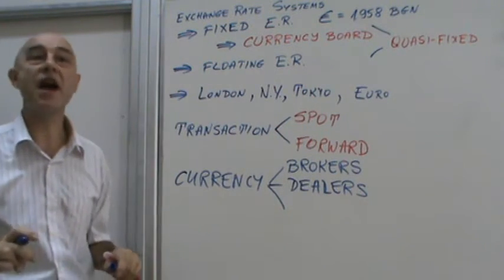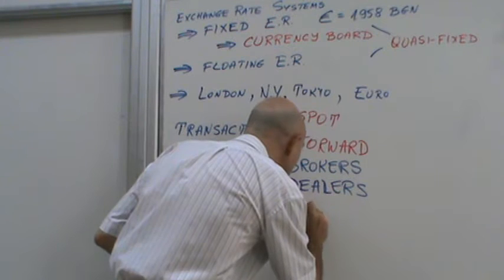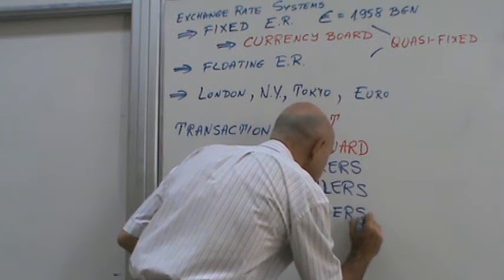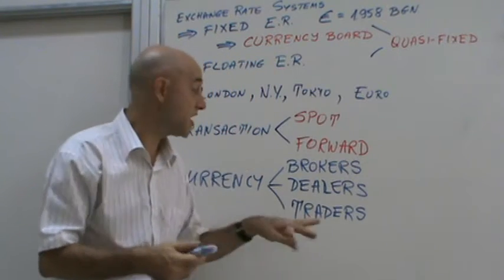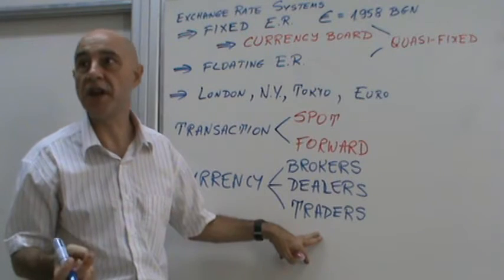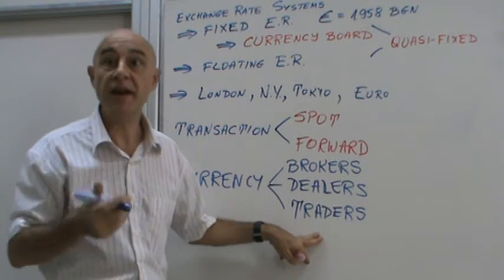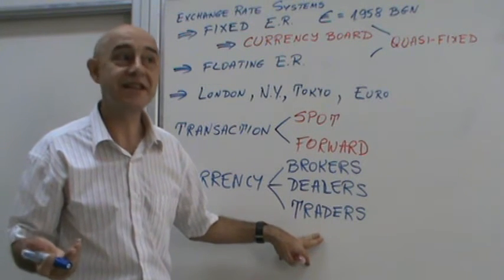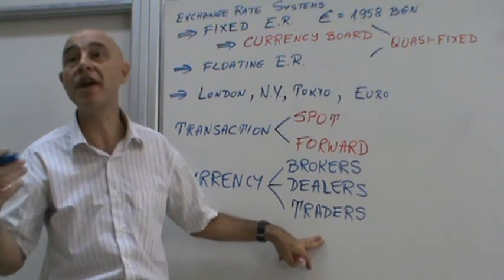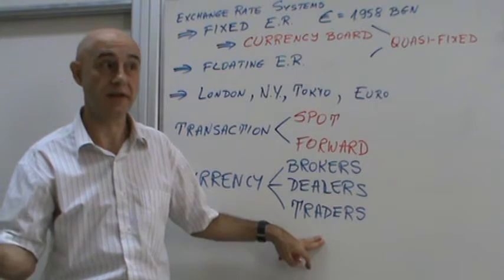And finally you have currency traders. The currency traders will take a long or a short position in a currency, anticipating or expecting the currency to go up or down and profit from it.